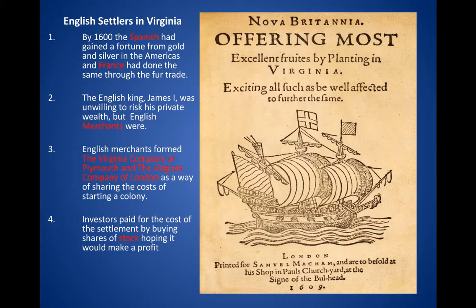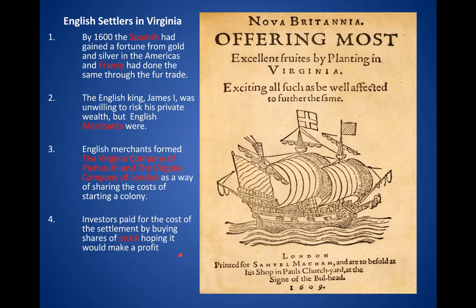The Spanish, their way of making money in the Americas was to take gold and silver. The French, their way of making money in the Americas was to trap animals and trade and sell the fur. The English way of doing this was going to be to farm.